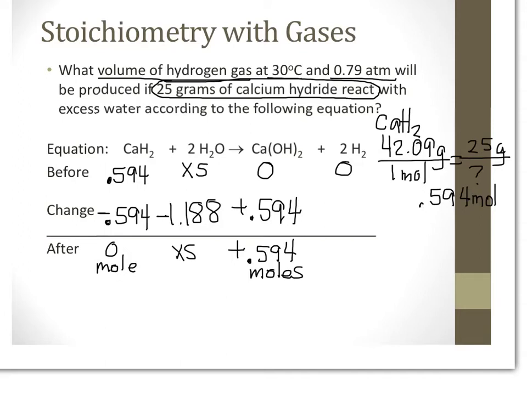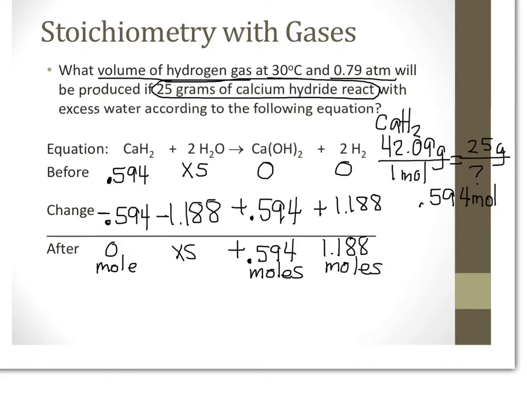Also, I form hydrogen. There's a 1 to 2 mole ratio of calcium hydride to hydrogen. Twice as much hydrogen will be formed as amount of calcium hydride reacted. So I will form 1.188 moles of hydrogen, giving me 1.188 moles of hydrogen at the end.